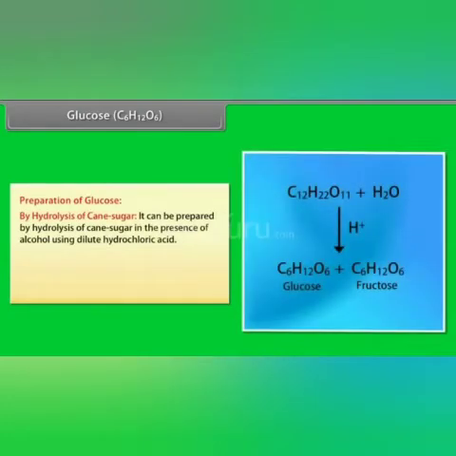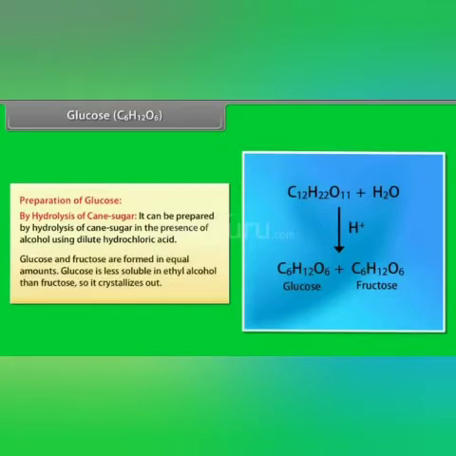The methods of preparation of glucose are the following. By hydrolysis of cane sugar: it can be prepared by hydrolysis of cane sugar in the presence of alcohol using dilute hydrochloric acid. Glucose and fructose are formed in equal amounts.